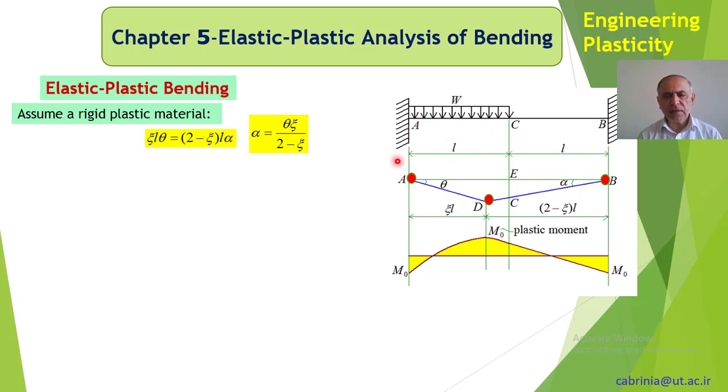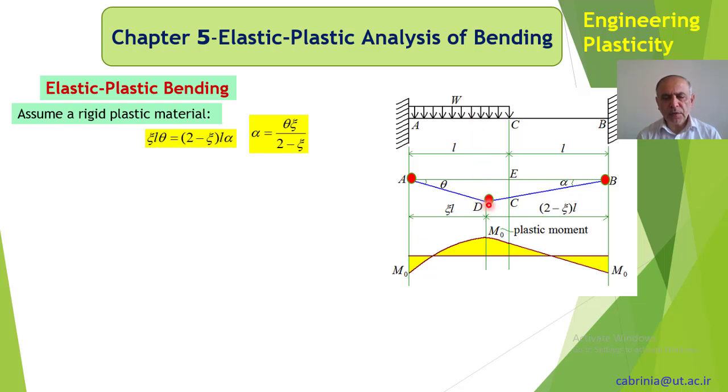2L is the length. So we know that at the built-in ends, A and B, we would have maximum plastic moment, or the complete plastic deformation. A and B are hinges, we know that. But because it's a distributed load and it's not symmetrical, we cannot simply find out where the other hinge would be.